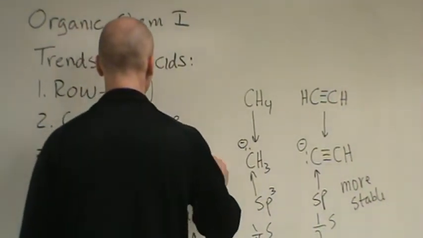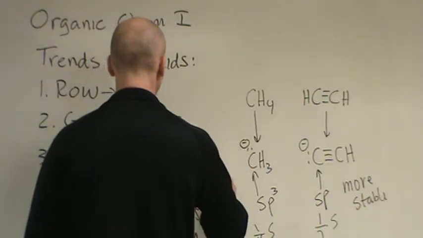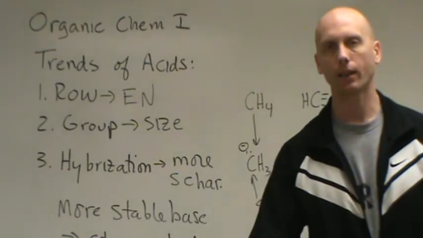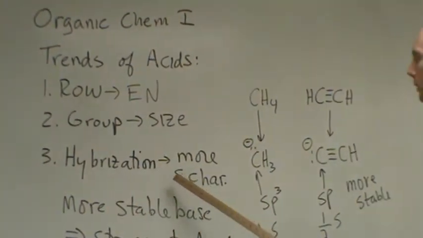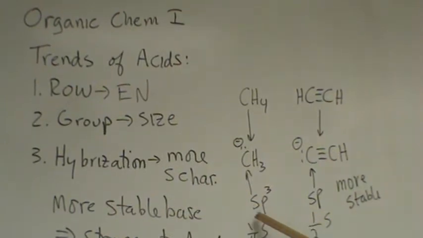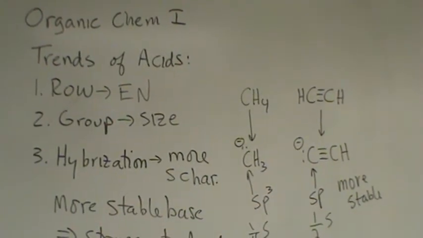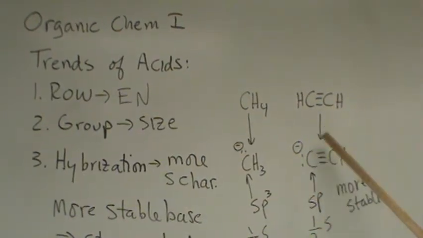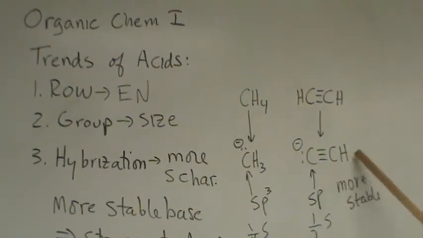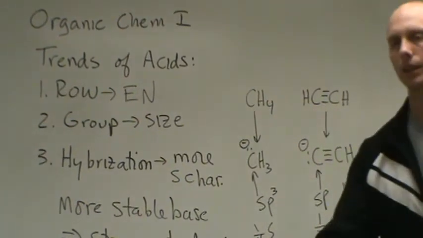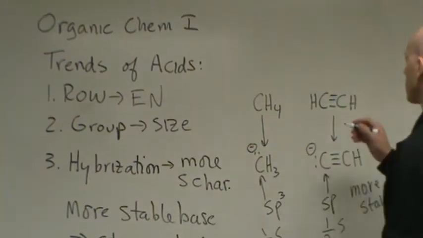The more s character we have, the more stable the conjugate base can be. Okay? And again, we'll get into what this stuff means, sp3 and sp, in a little bit. But this is what you want to take away. So this conjugate base would be more stable, and so this one here would be the stronger acid.